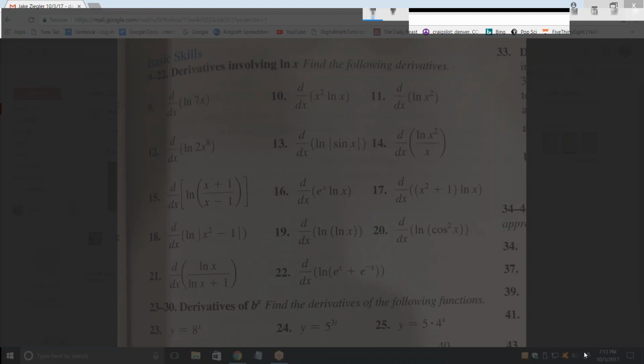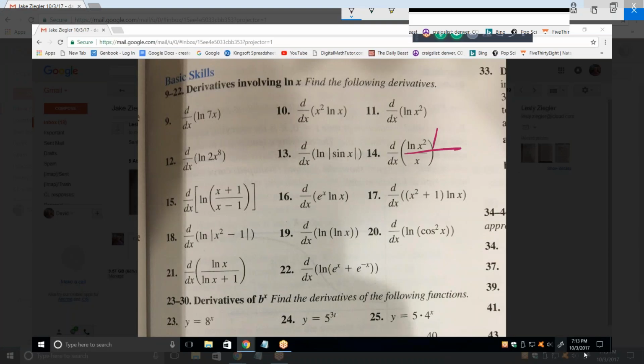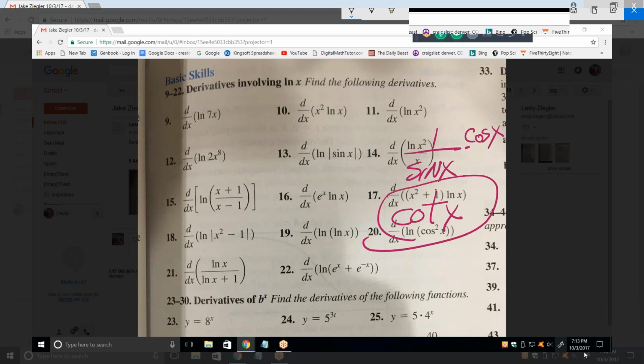I did 1 over sine times the derivative of sine, which is, no, it's positive cosine. What am I thinking? That's cosine over sine, that's cotangent. That's the correct answer.